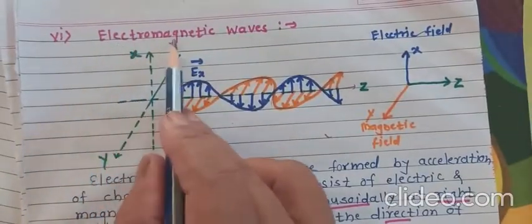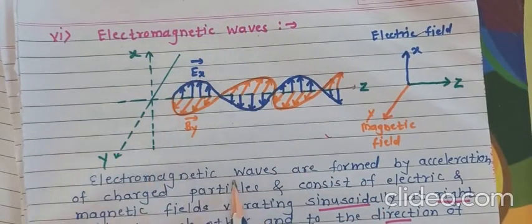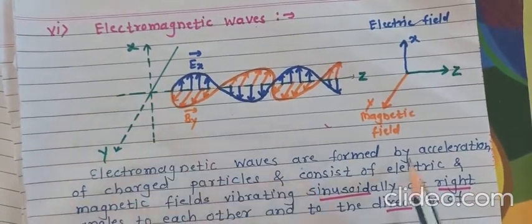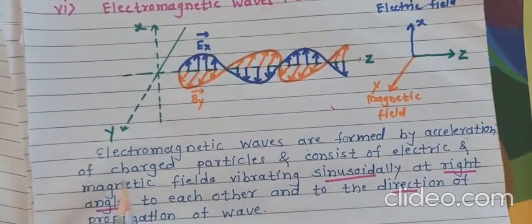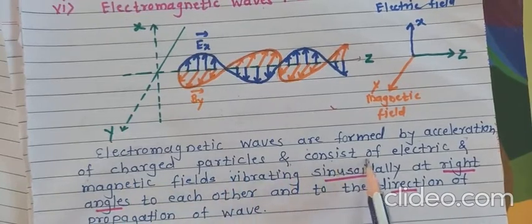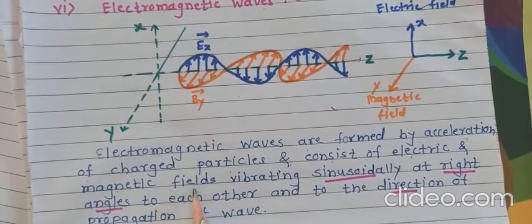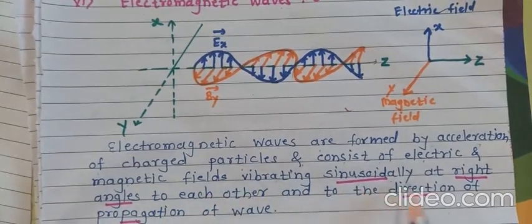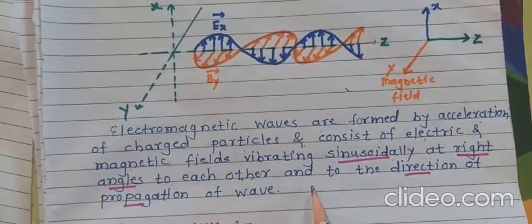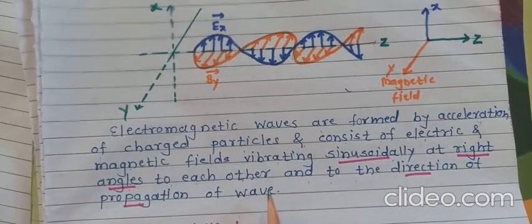Next is electromagnetic waves. Electromagnetic waves are formed by the acceleration of charged particles and consist of electric and magnetic fields vibrating sinusoidally at right angles to each other and to the direction of propagation of the wave.